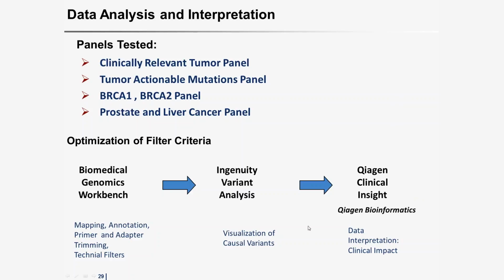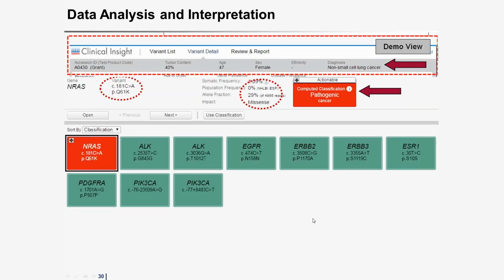And at the moment we are testing all these tools in our laboratory. So the clinical insight tool might be linked also to your in-house sample tracking system, providing then the sample-specific data such as cancer type, sex of the patient, etc. But most importantly, it tells you which mutation occurs and also interprets if this mutation is pathogenic or not, and also tells you the frequency of the mutation.